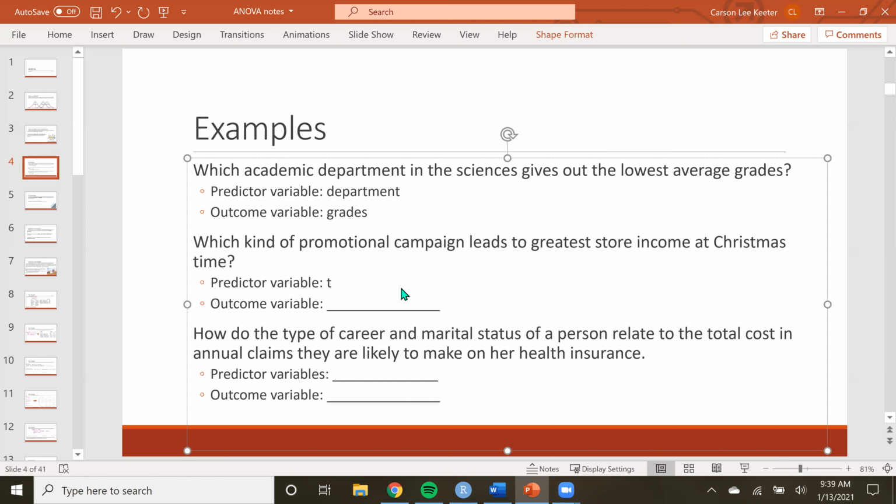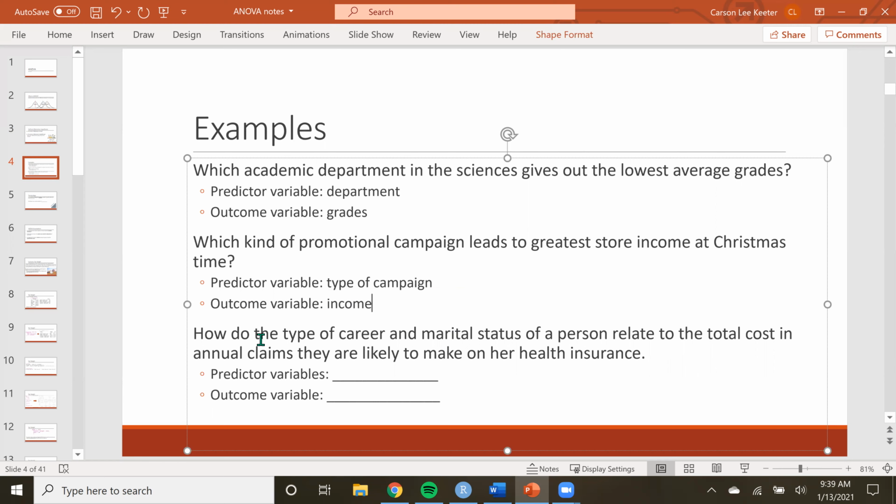So it's the type of campaign. Maybe internet advertising, billboards, not Bill Burr, billboards, whatever, flyers, maybe. Those are just some examples, but those are different types of campaigns. Those are different groups. And then the outcome variable in this case is going to be income.